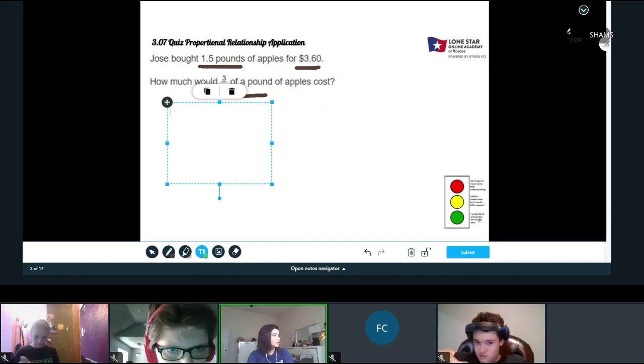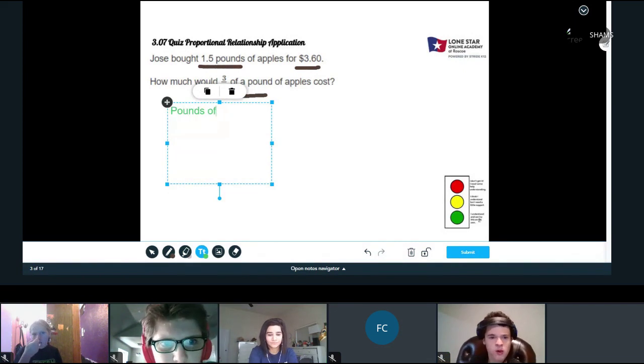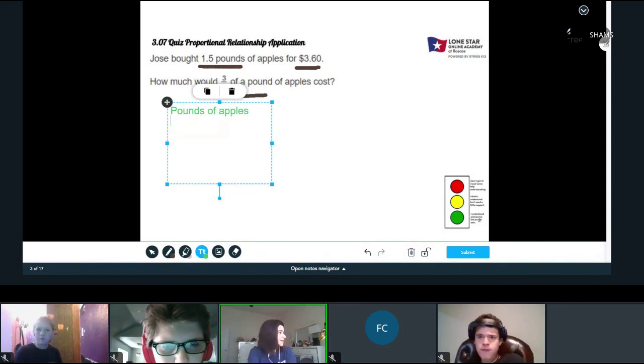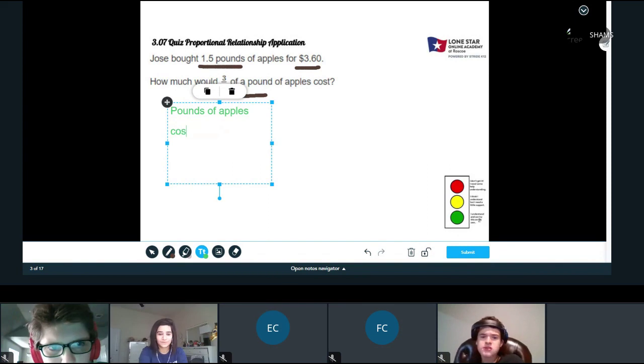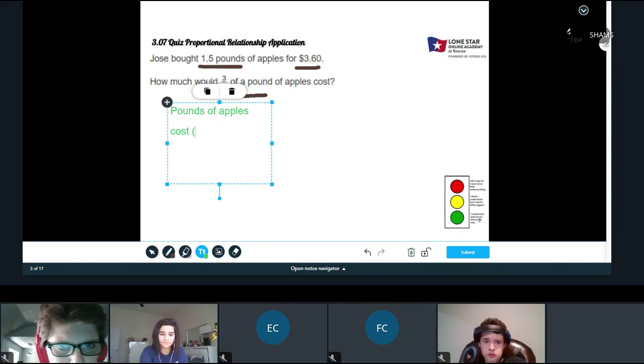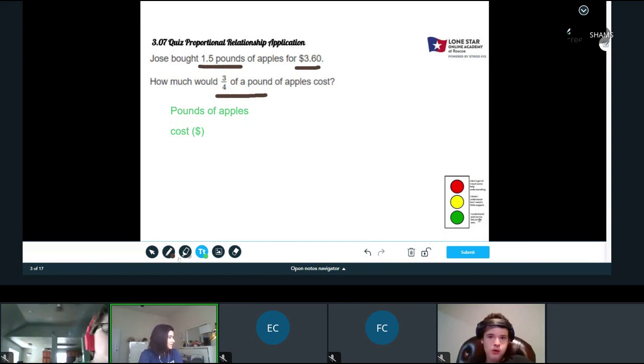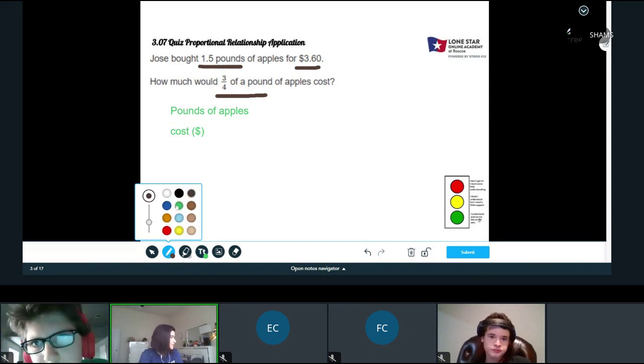I will set up a proportion for pounds of apples and for the cost in dollars. This will always be very helpful if you set it up like this, with very little room for confusion.